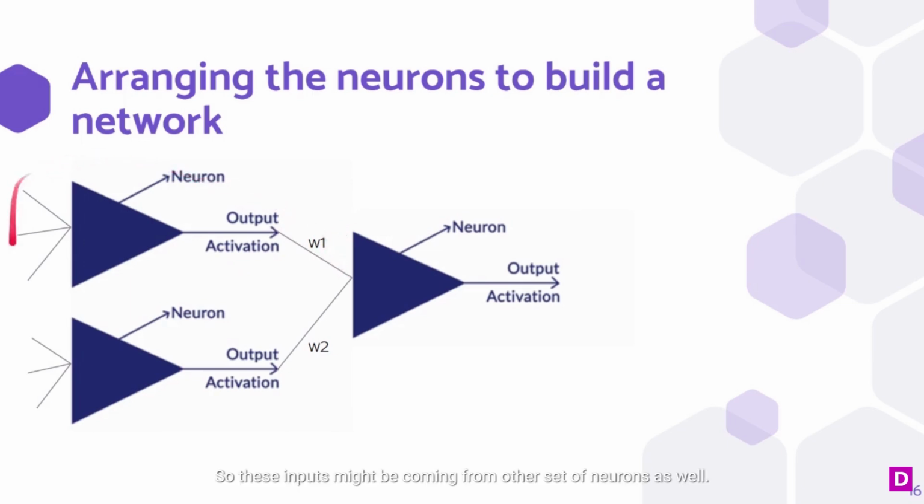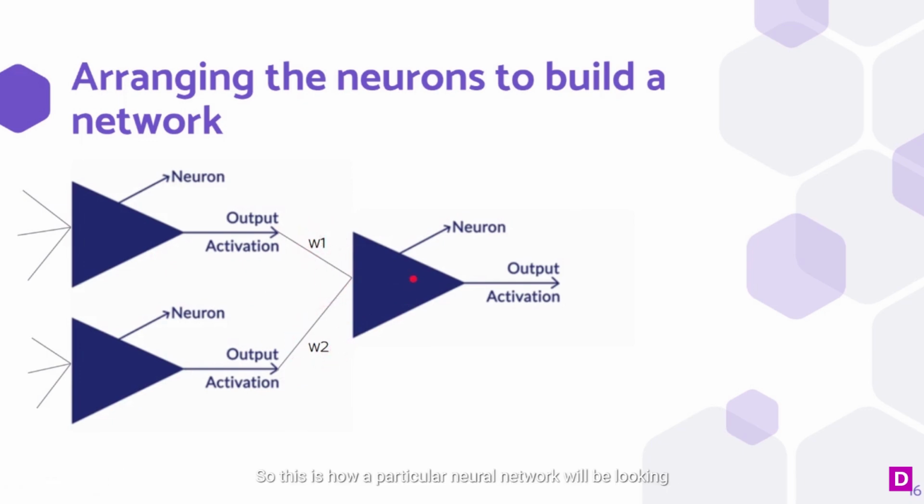These inputs might be coming from other neurons, which in turn receive inputs from other neurons as well. If you want to ignore the input coming from a particular neuron, the simple step is to set the weight associated with that input to 0. Then we are ignoring the input from that neuron.